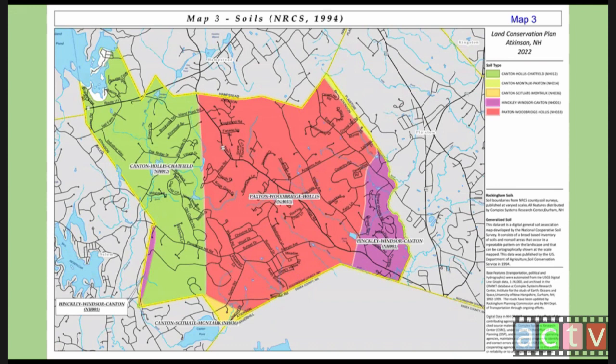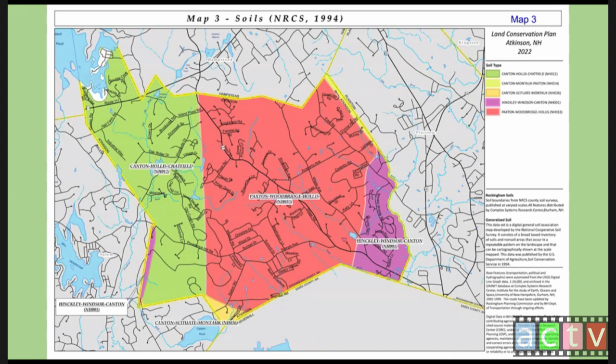You must have studied this stuff. I have, but I can't read it. That's labeled right across Captain's Pond. The purple is Hinckley, Windsor, Canton. Does that make sense? Yeah. And the big orange area is Paxton, Woodbridge, Hollis.